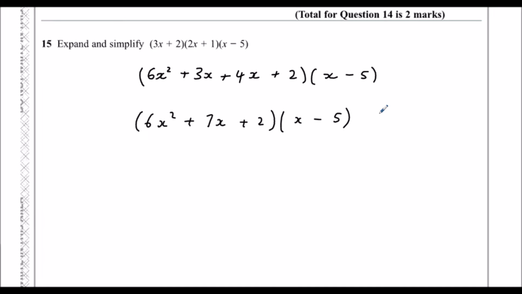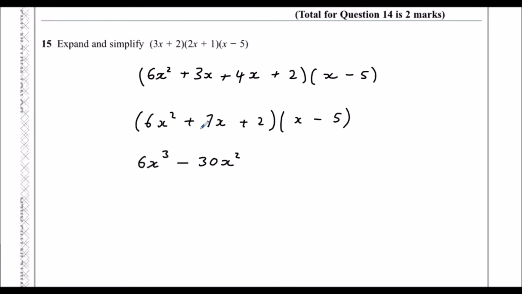Now I need to expand again. I'm going to multiply every term in the first bracket by both of the terms in the second bracket. So I'm going to end up with 6 terms. 6x squared times x is 6x cubed. 6x squared times negative 5 is going to be negative. 6 5s are 30, so it's 30x squared.